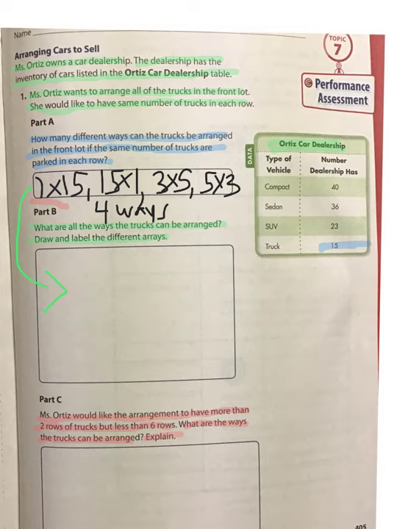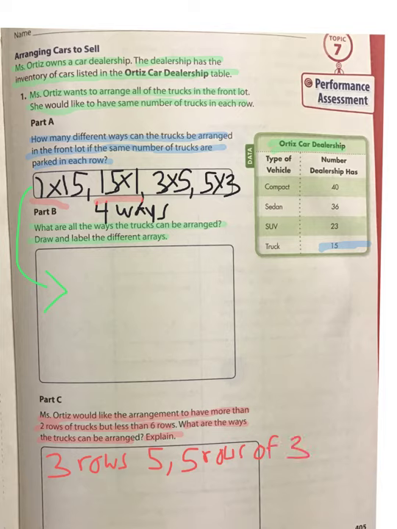She also wants less than 6 rows. So we could not use 15 rows of 1. The only way that would work would be 3 rows of 5 or 5 rows of 3.